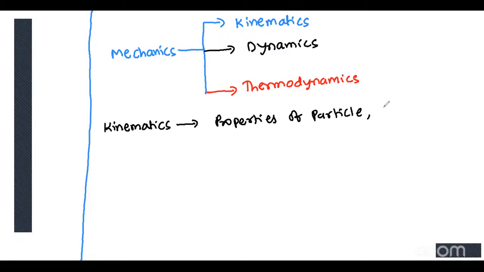Whether a force is acting on it or not, or by what the particle is in motion, is irrelevant to us.